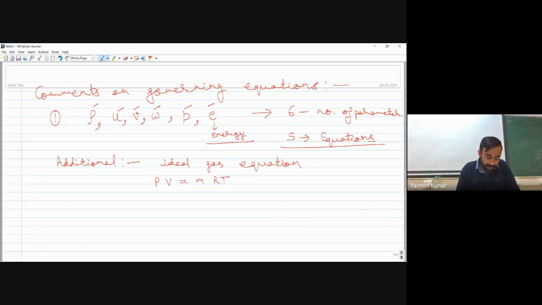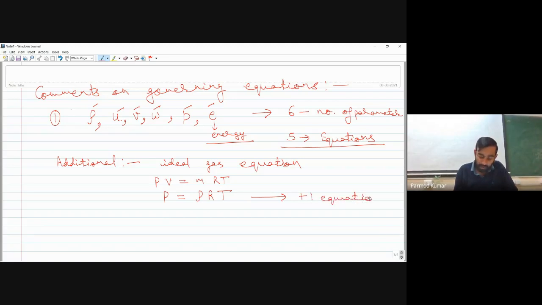If I take the volume to the other side, I finally find P equal to rho times RT. So now we have one more equation, plus 1.